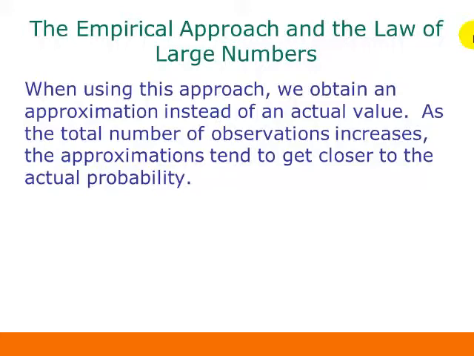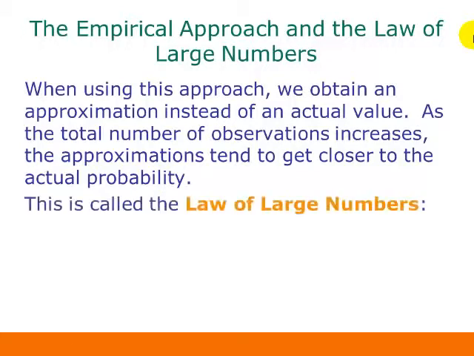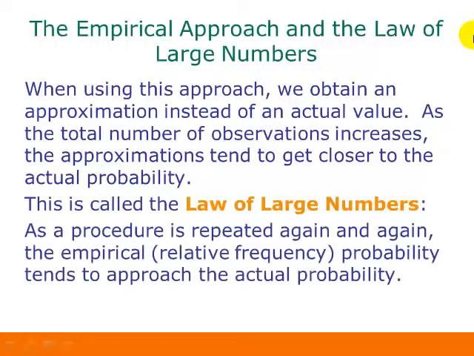In other words, if we could calculate the classical probability, then the empirical probability would get closer to it as we ran more and more repeats of our procedure. And this is called the law of large numbers. So as a procedure is repeated again and again, the empirical, or the relative frequency probability, tends to approach the actual or the classical probability.